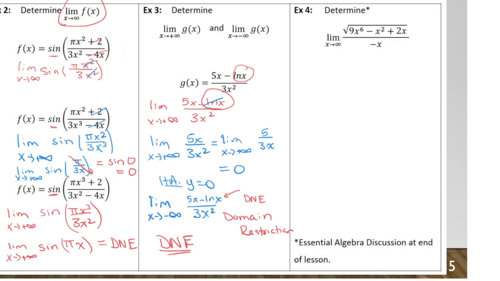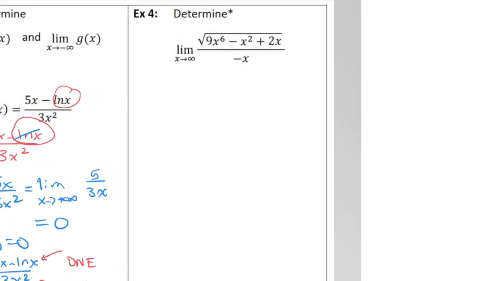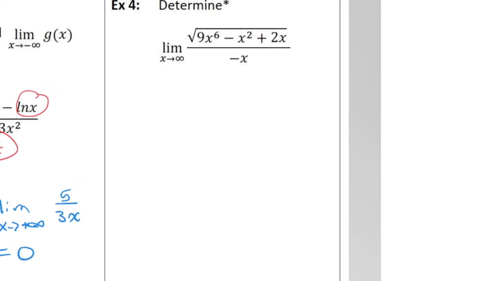Speaking of domain restrictions, let's look at example 4. So here we are, we're looking at positive infinity. If I were to just substitute, I get the limit as x goes to positive infinity of the square root of 9 times infinity to the 6th power. Okay, that's gross. You should not write that. Let's think about it, though. This is what your mind is doing.